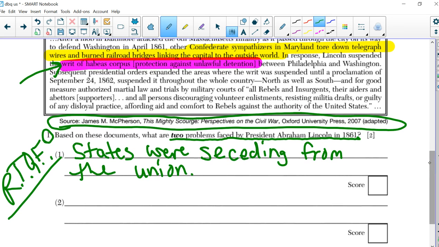Sorry, I know I get off on these tangents, but I really want you guys to be successful. So I would say what I have in yellow here would be another problem that was faced by Abraham Lincoln.